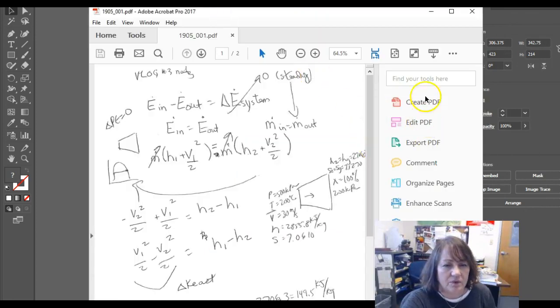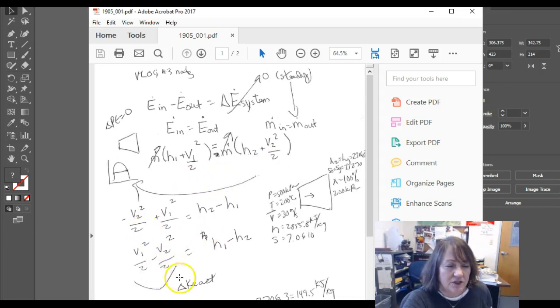So to begin working the problem, let's talk about some of the ideas. The first is, because it's steady, that the rate at which energy enters and the rate at which energy goes out will be equal to each other. Also, because there is a single inlet and outlet, m in and m out are equal to each other. So when we set up the energy balance, m dots will cancel out, and we're basically left with H and kinetic energy on each side of the equation.